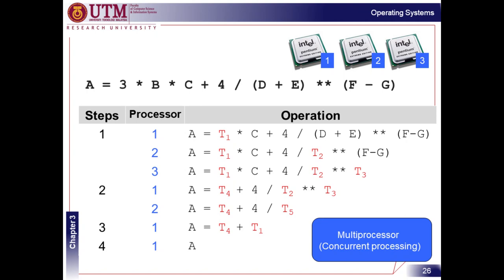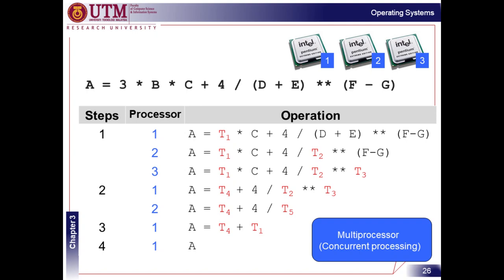The table on the slide shows the steps of concurrent processing. Each row represents one step and each column represents one processor. The operation column shows what each processor is doing at each step. In step 1, processor 1 computes T1 equals 3 times B, which is the first part of the expression.